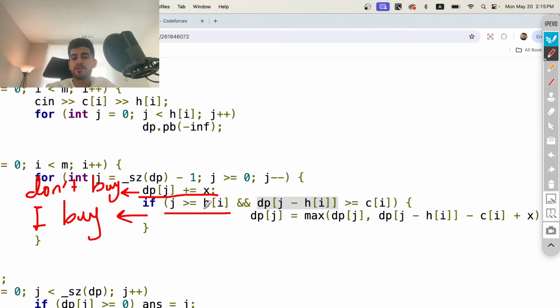If j was greater than or equal to h of i, and dp of j minus h of i, which is the maximum possible money that I could have if my happiness was j minus h of i, was greater than or equal to c of i, then I just say that dp of j is equal to the maximum of dp of j and dp of j minus h of i minus c of i plus x. Does this make sense?